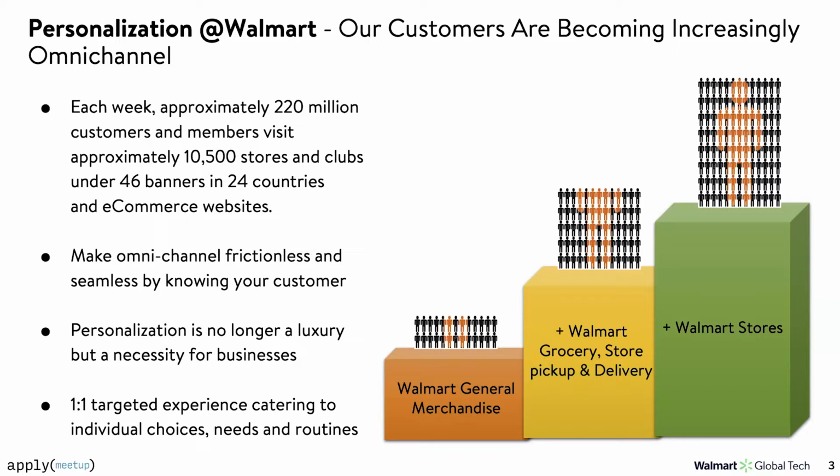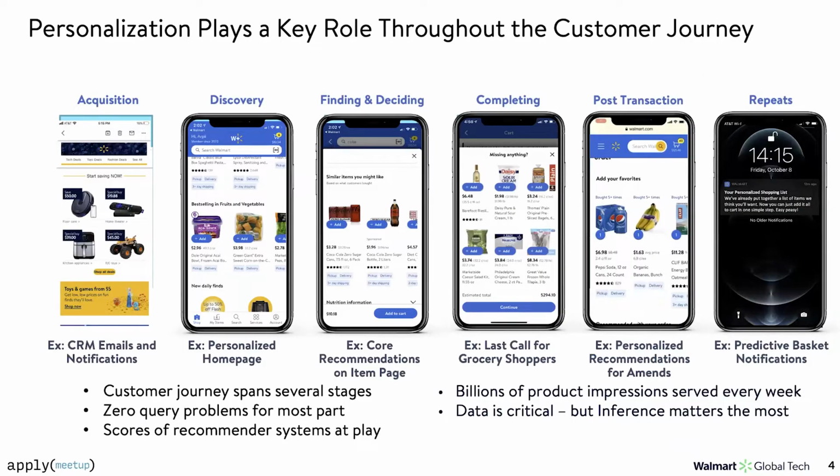Looking at the data of only one channel enables you to focus on customer behavior of only that channel. But to understand our customers more holistically, we need to look at the broader picture of what our customers are doing. So with that, let's start by understanding more about what personalization and recommendation does for our business and for our customers. Next slide, please.